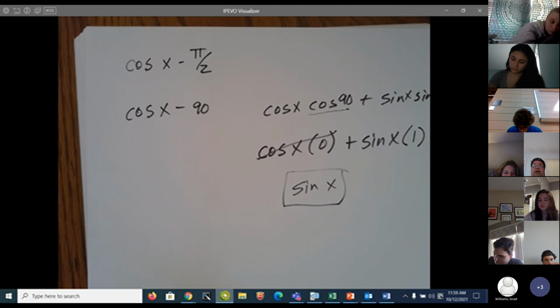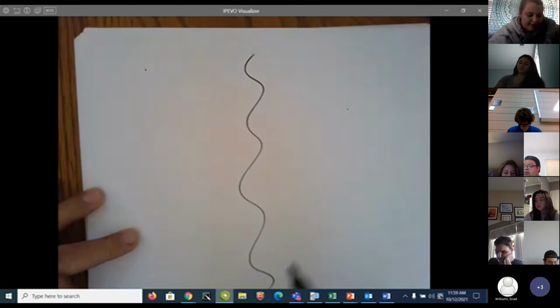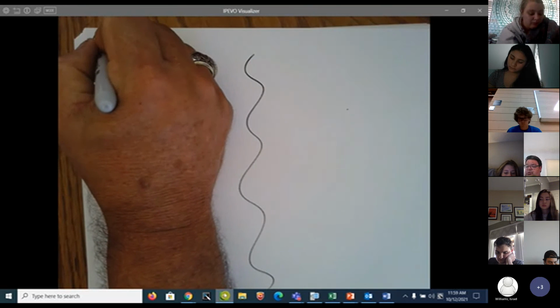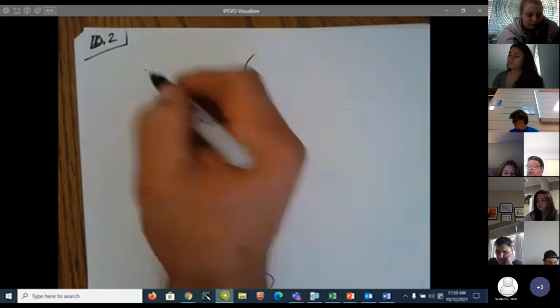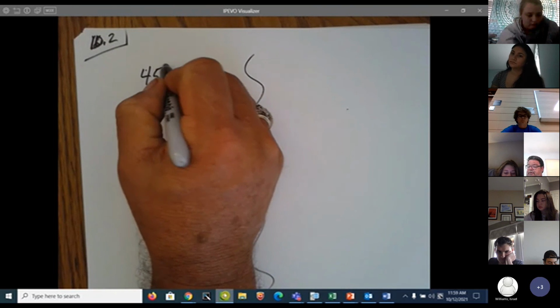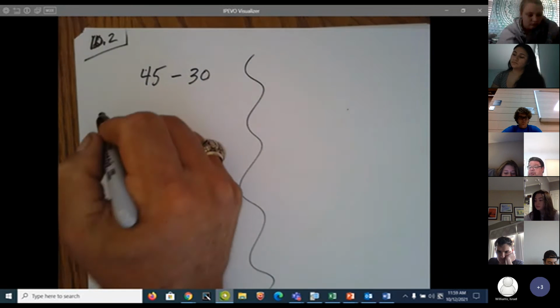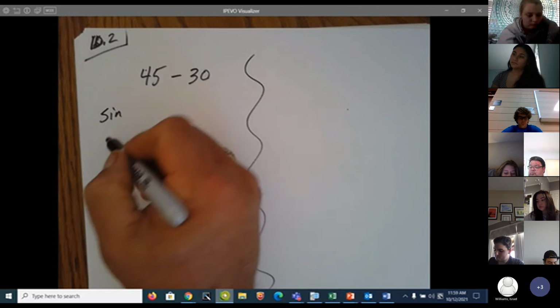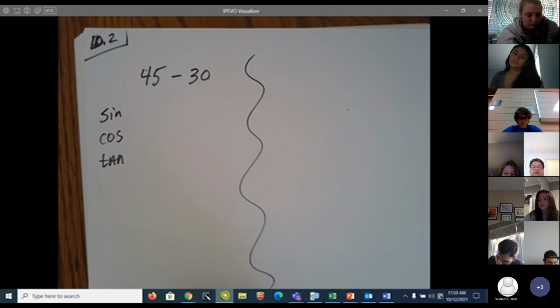That's the type question I would give you on a test. So you have 2 type questions that I will give you on a test. This is 10.2. I will give you a 45 minus 30 type question, and you do the sine, cosine, or tangent, whatever they ask you for, sum and difference identities.